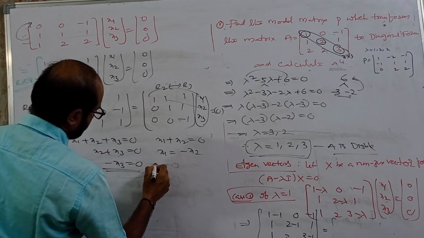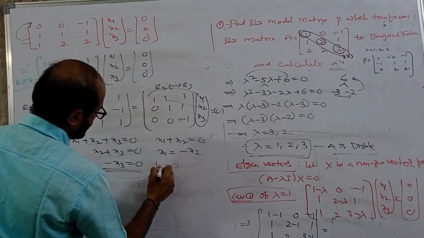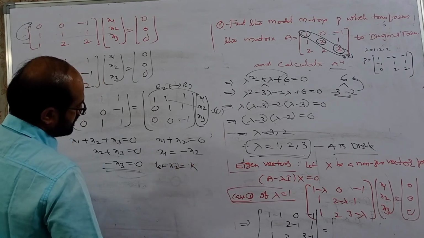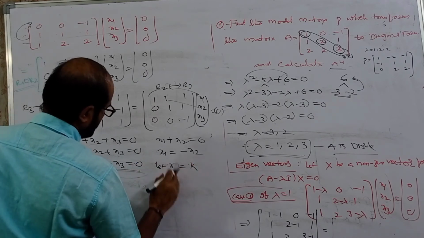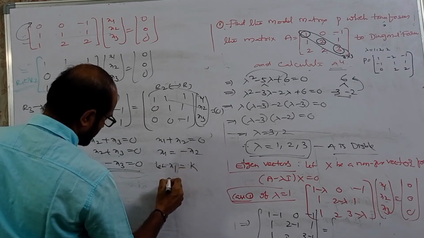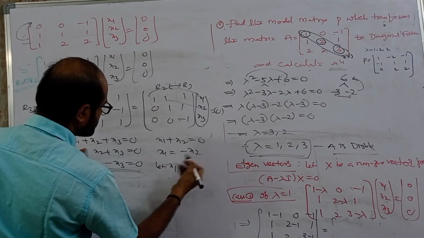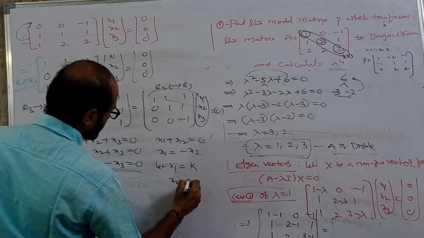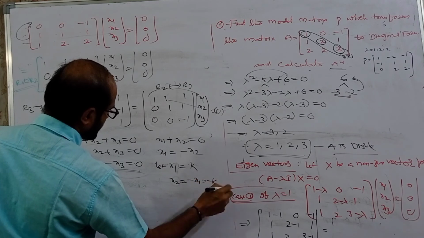So if I take x2 equal to k, otherwise x1 equal to k, then x2 equals minus x1, which means minus k.